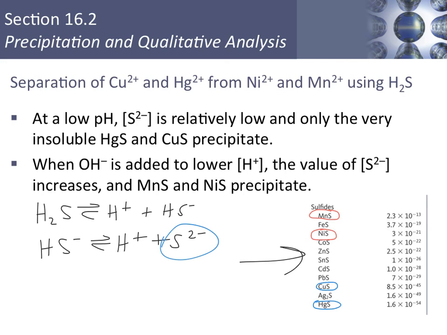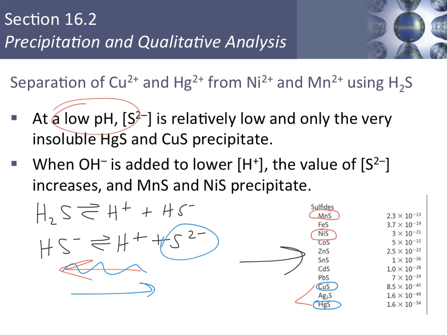In an acidic solution with a low pH, the sulfide ion will pick up hydrogen ions or protons, and there won't be a lot of sulfide ion in solution. And so then the copper sulfide and the mercury sulfide can precipitate out. At higher pHs, we have hydroxide added to reduce the hydrogen ion concentration, and then the reaction shifts right, producing sulfide ion.